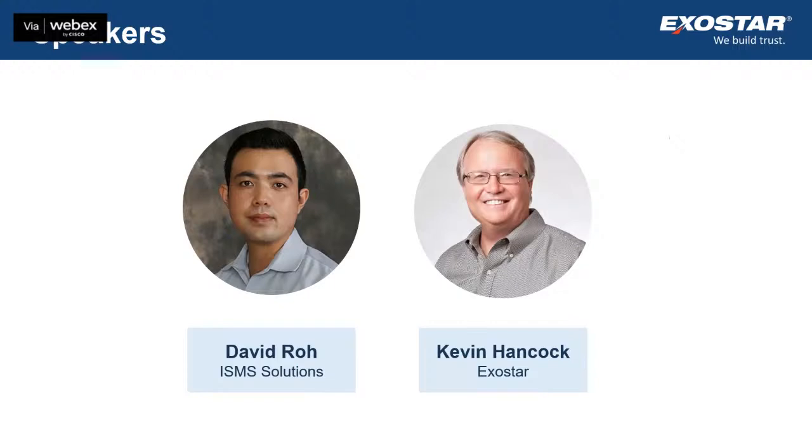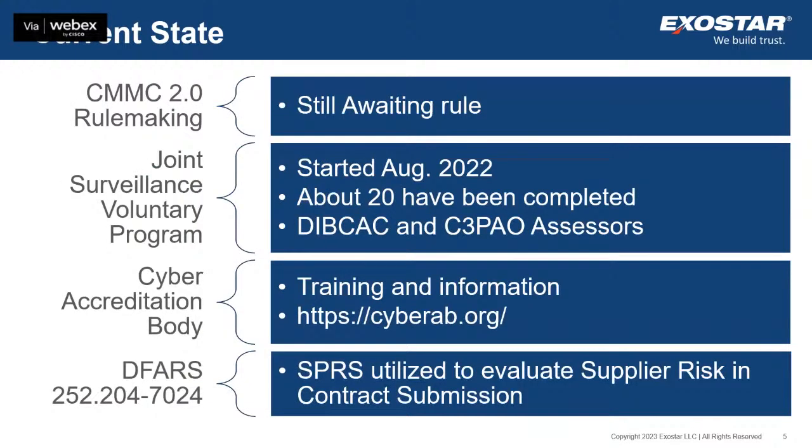Before I turn it over to David to walk you through Policy Pro itself, I just want to level set everybody on where we are in the CMMC journey, and give you the current state. We're currently awaiting the CMMC 2.0 rule to be sent over from the Department of Defense to the Office of Management and Budget.